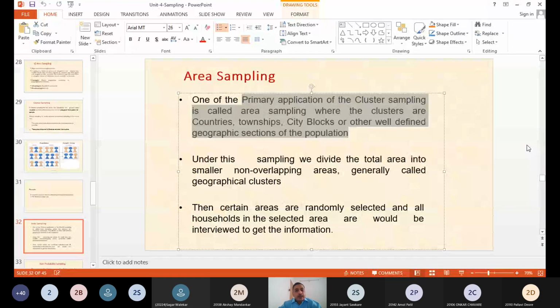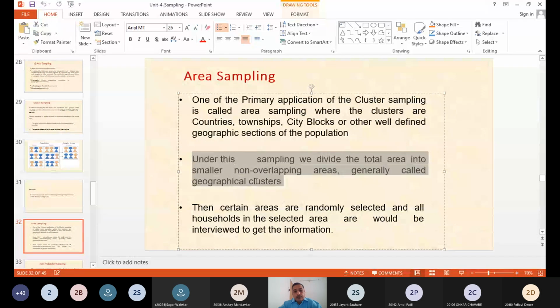So in cluster sampling, when the population we are taking is based on different countries, townships, or city blocks, we can call it area sampling only. Under this area sampling, which is an application of cluster sampling, we divide the total area into smaller non-overlapping areas, generally called geographical clusters.